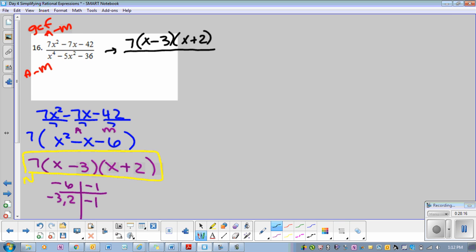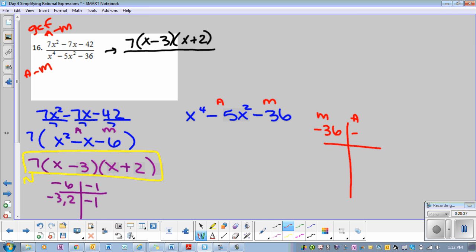Now the one in the denominator, I have x to the 4th minus 5x squared minus 36. So AM. It's 4 and negative 9. Two numbers that multiply to -36 and add to -5: 4 and negative 9.